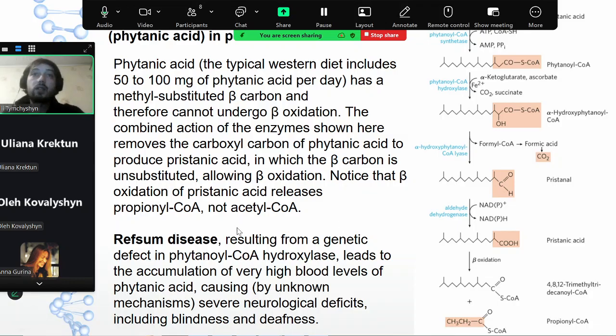There is even a disease called Refsum disease that results from a genetic defect in phytanoyl CoA hydroxylase, and leads to the accumulation of very high blood levels of phytanic acid, causing, by still unknown mechanisms, maybe you will discover them at some point, who knows, severe neurological deficits, including blindness and deafness.